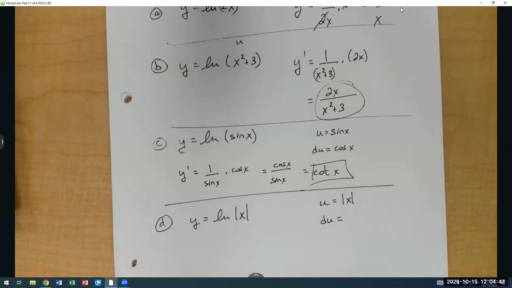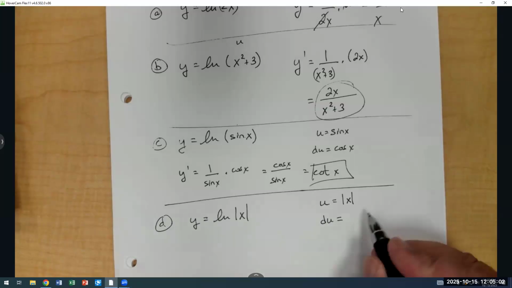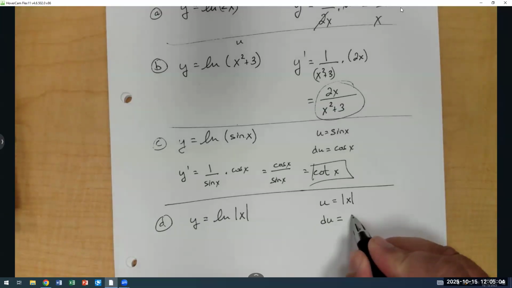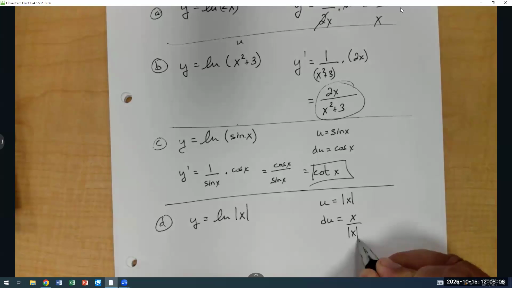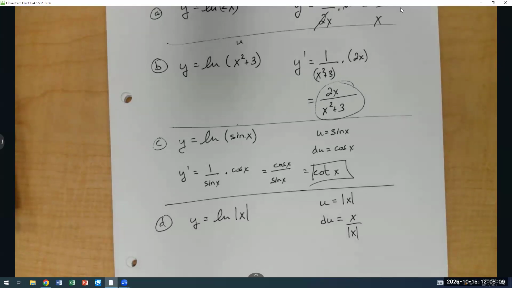Remember last class, we talked about the derivative of the absolute value of x. What is the derivative of absolute value of x? X over absolute value of x.